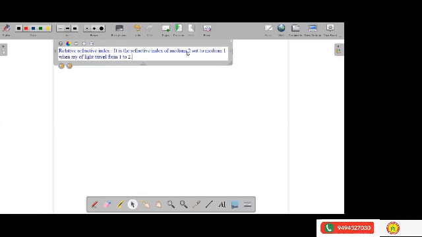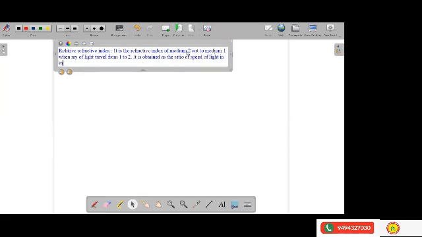Okay, so how do we obtain it? It is obtained as the ratio of the speed of light in medium 1 to that in medium 2.